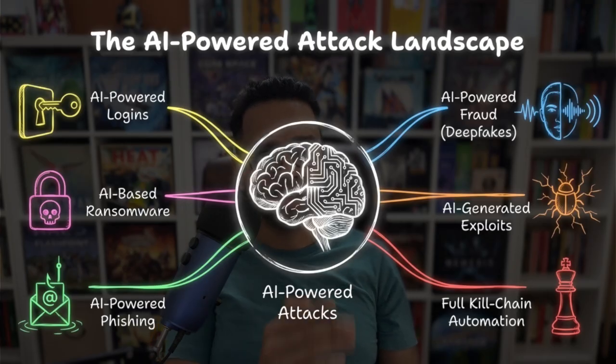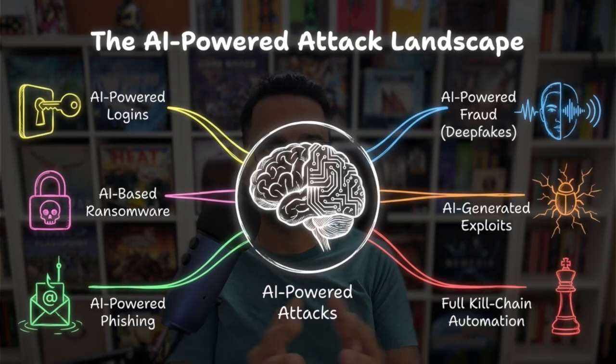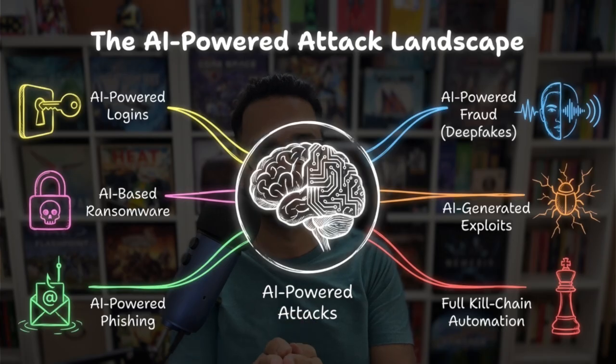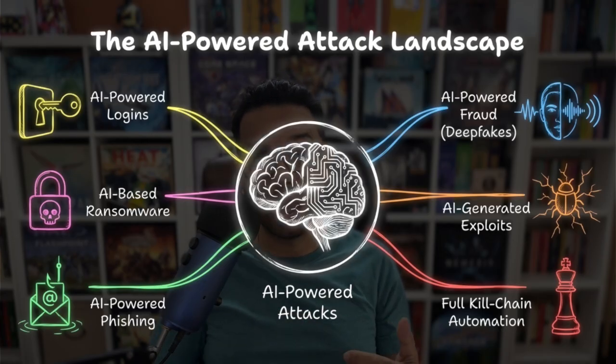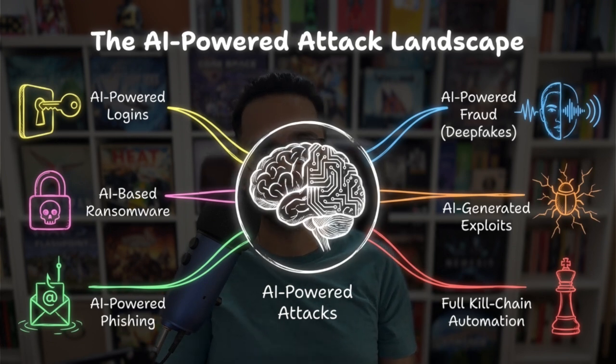First, there are AI-powered logins. What are AI-powered logins? You have AI systems whose job is to brute force any login system. Previously, a human hacker would sit throughout the day trying different combinations of username and password to get unauthorized access to a system, right?